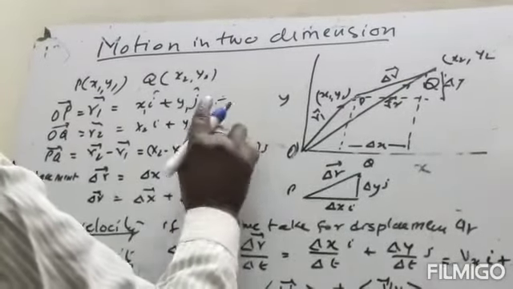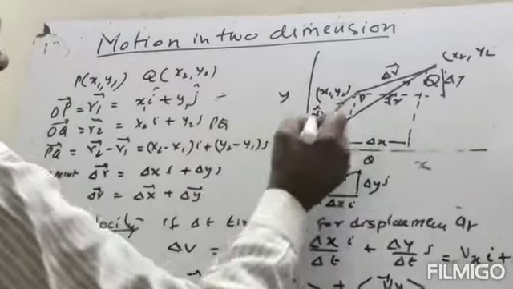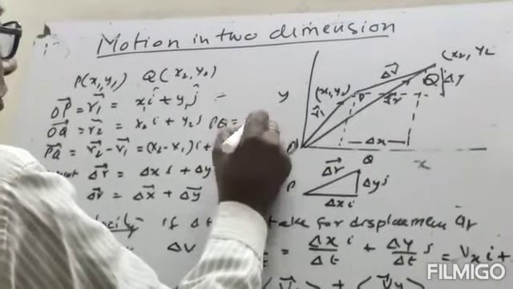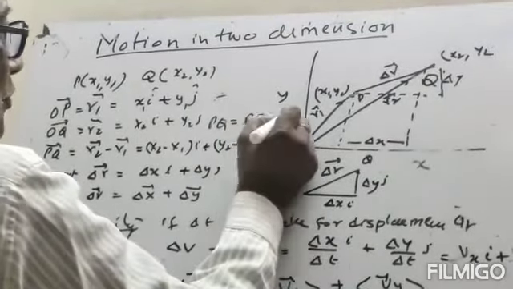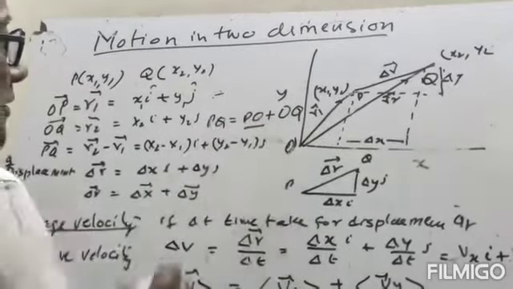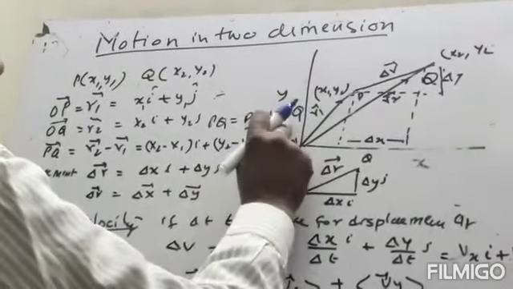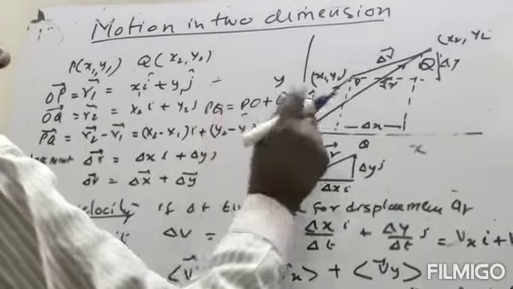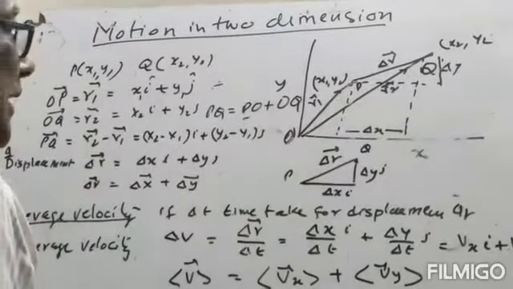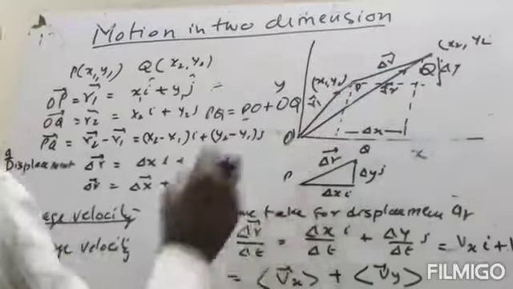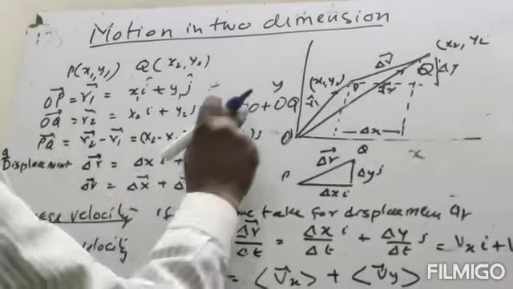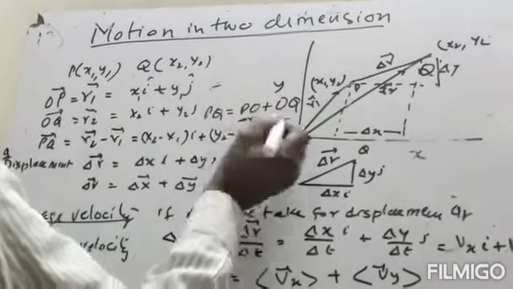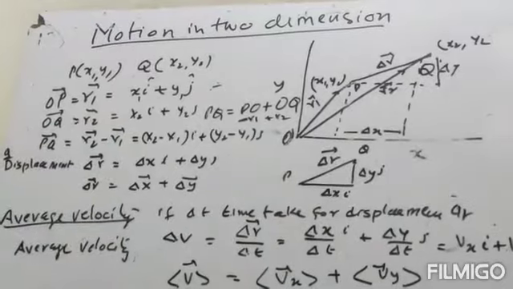OQ is equal to R2, and OP is R1, so PO is minus R1. So PQ will be equal to R2 minus R1, that is minus R1 plus R2. So this will be equal to R2 vector minus R1 vector.